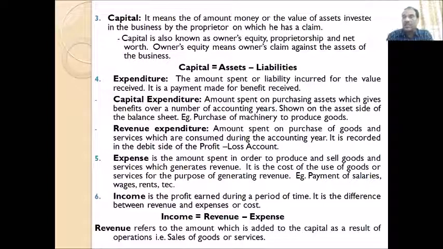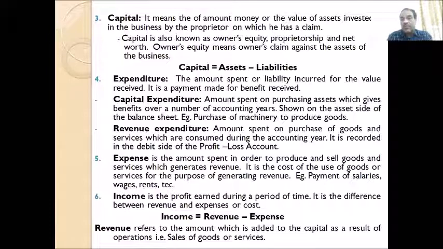So capital is also known as owner's equity, proprietorship, and net worth. Owner's equity means the owner's claim against the assets of the business. So he has invested in the business and he has certain claims against his investment, and that is called owner's equity. That is capital.